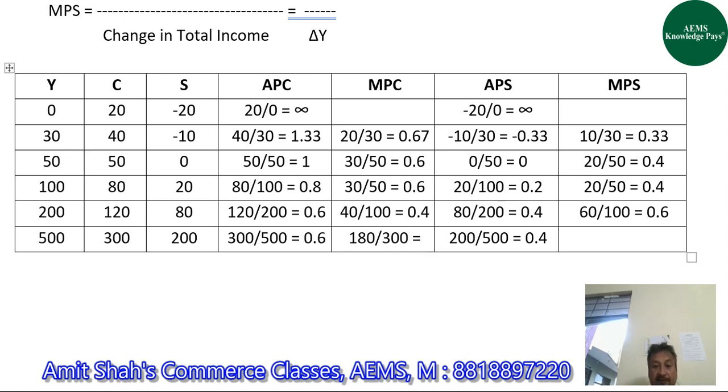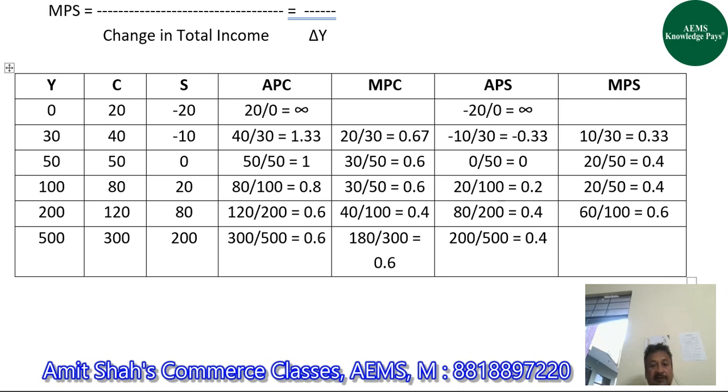That is how much? 0.6. Correct or not? And MPS is change in savings, 120 divided by 300, that is 0.4.